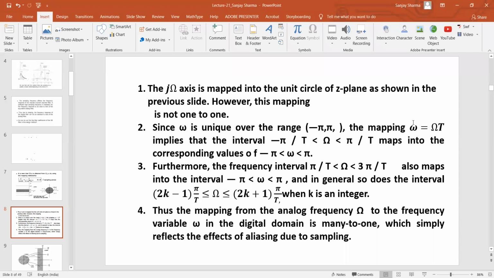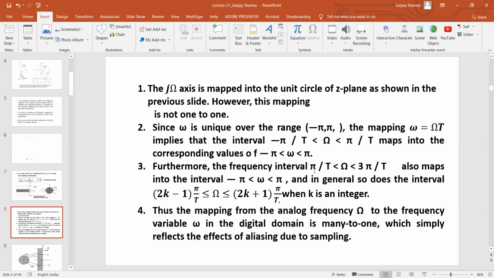From this expression, we find that when capital omega is minus pi by T, small omega is minus pi. And when capital omega is pi by T, small omega is pi. So this interval maps into the corresponding values of minus pi to pi.